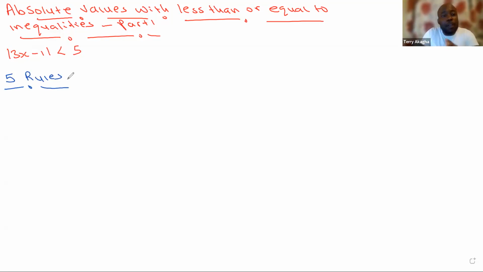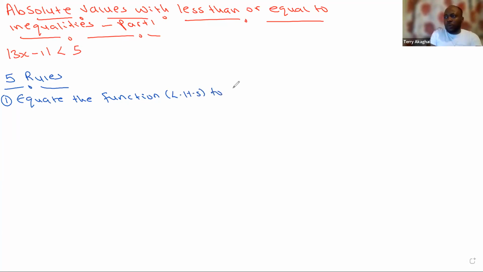The first one is that you have to equate the function on the left-hand side to both the positive and negative answer on the right-hand side. So for instance, rule one: equate the function on the left-hand side to both the positive and negative answer on the right.